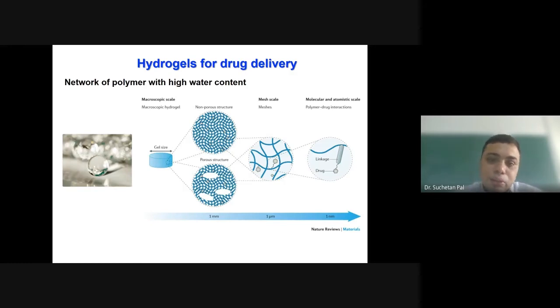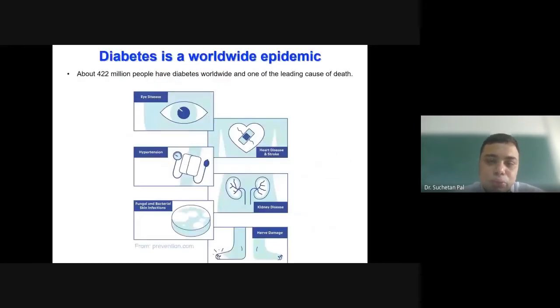So we wanted to use this platform for delivering drugs for diabetes. As you know, we are talking about the COVID-19 pandemic, but in the long term diabetes will be a worldwide pandemic, right? Right now we have 422 million people that are having diabetes.